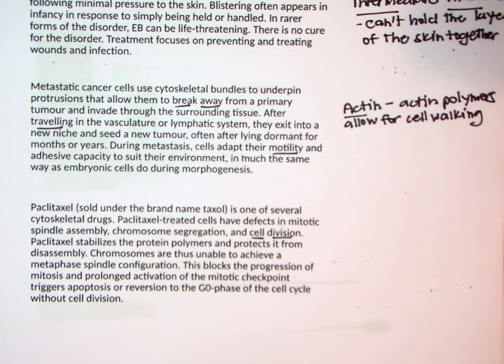Paclitaxel stabilizes the protein polymers and protects it from disassembly. Chromosomes are thus unable to achieve a metaphase spindle configuration, and this blocks the progression of mitosis, and prolonged activation of the mitotic checkpoint triggers apoptosis or reversion to the G0 phase of the cell cycle without cell division.